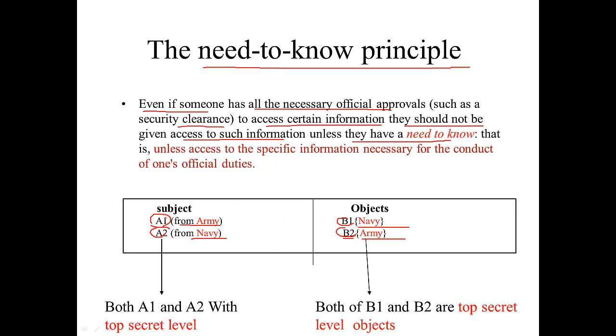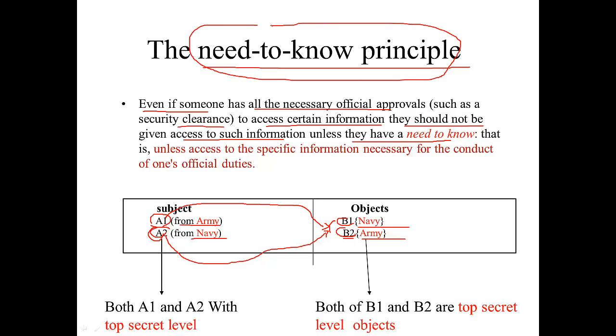A1 could view both of these two objects. The same, A2 also can view both B1 and B2. So that's based on the policy of BLP. However, based on the need to know principle, for the objects related to Navy, I think we should let only people from Navy access or view them.